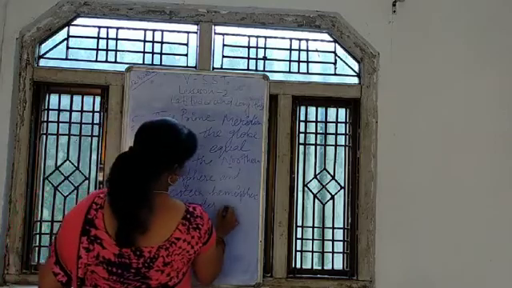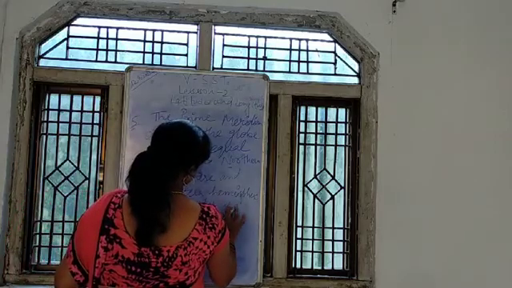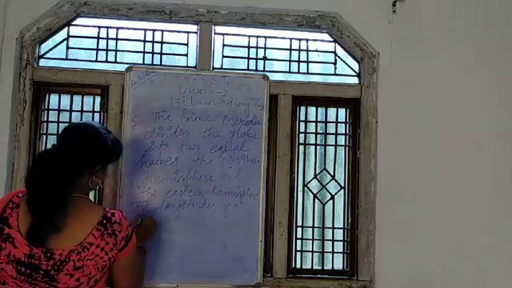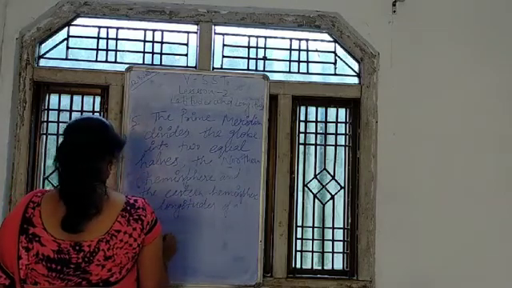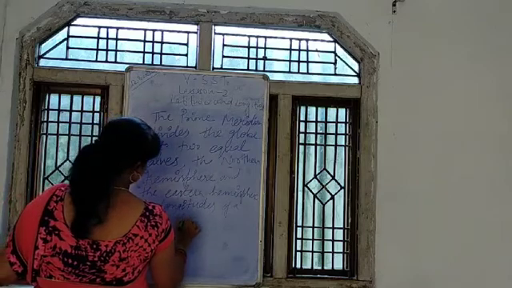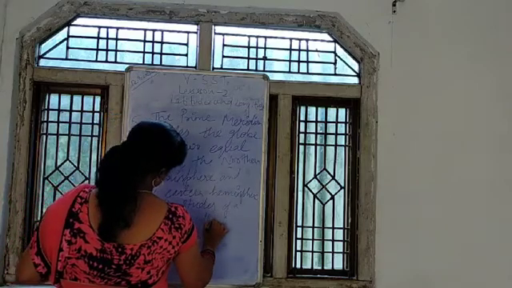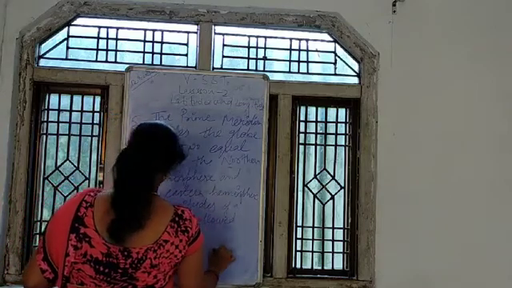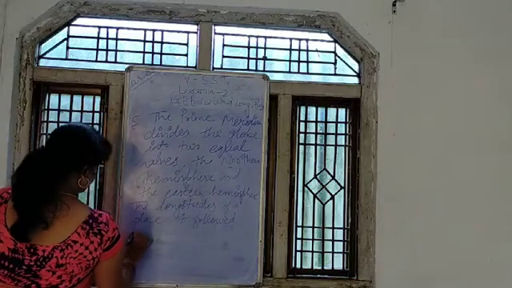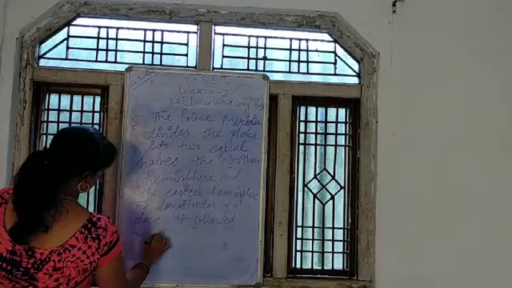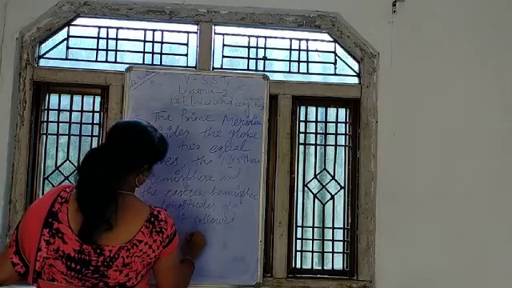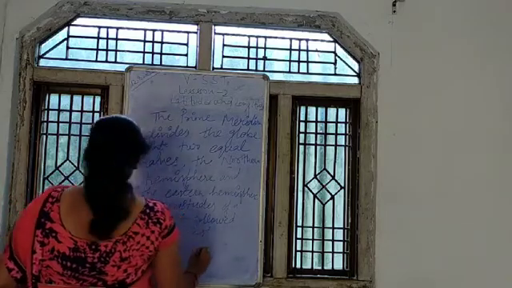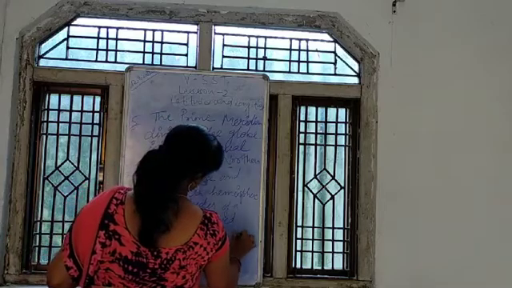The longitude of a place is followed by E for east and W for west.